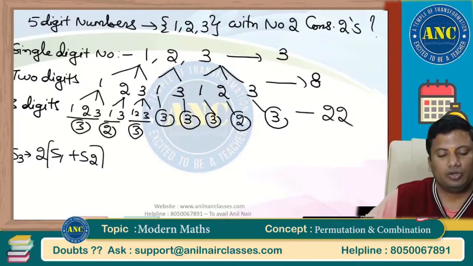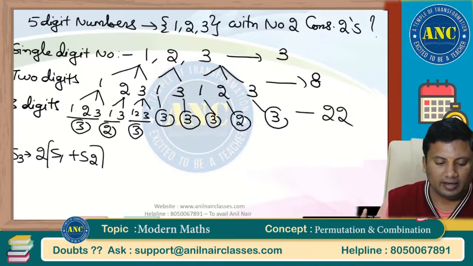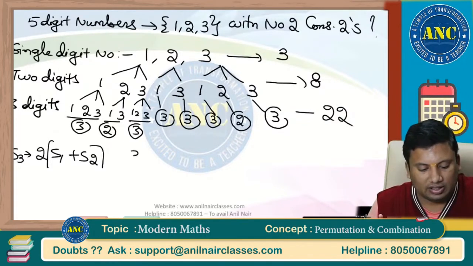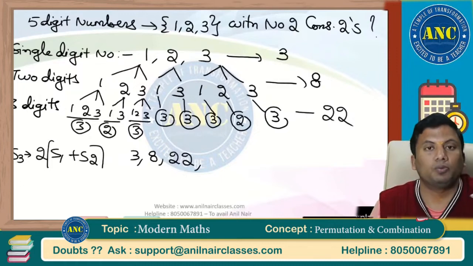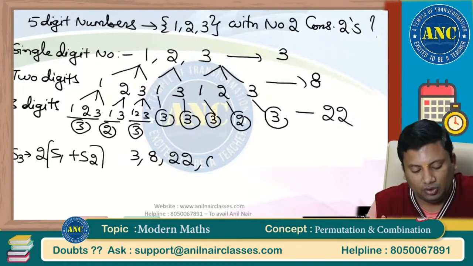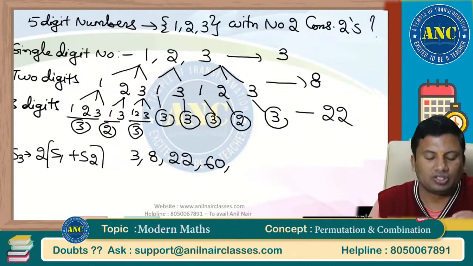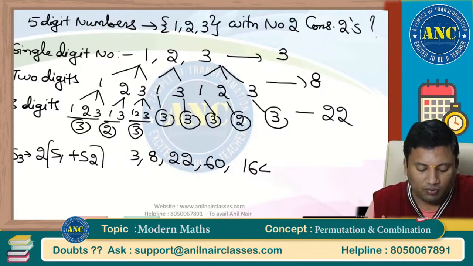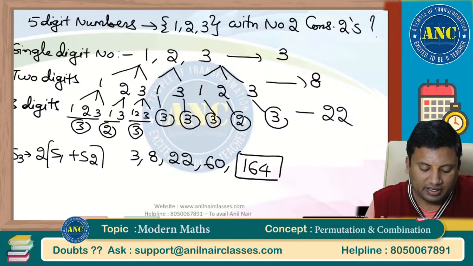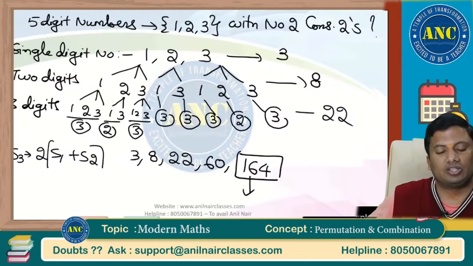I hope it is clear, right? So S3 is 8. 8 plus 3, 11. 11 2s are 22. Again, 22 plus 8, 30. 30 2s are 60. 60 plus 22, 82. 82 2s are 164. The answer for this question is 164.